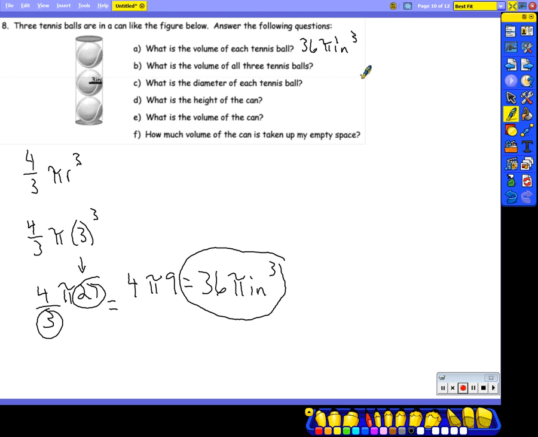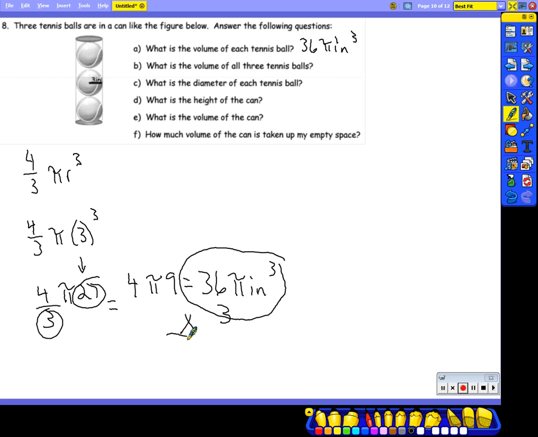The next question is asking, what's the volume of all the tennis balls? Well, if one tennis ball is 36 pi inches cubed, how would I find the volume of 3 of them? What do you think, Daniel? Yes, you could add them together, or you can multiply times 3. I heard someone else say that.